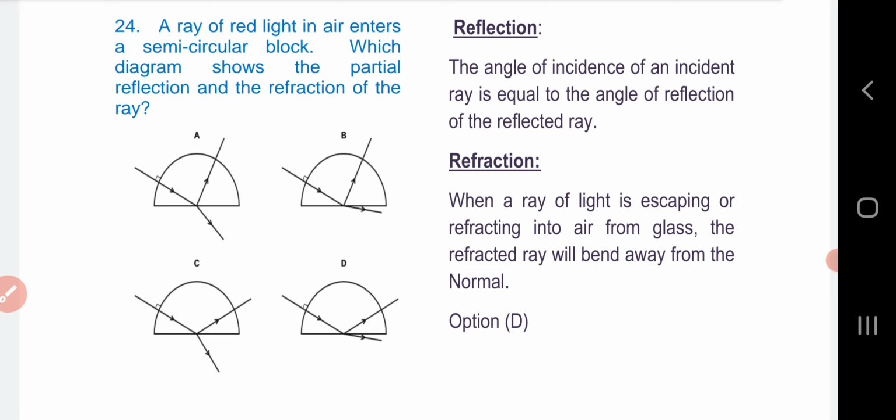The reason is, the refractive index of air is the least, and the speed of the ray of light will increase in the air, and that is why it bends away from the normal. So option D. In option D, the angle of incidence is equal to the angle of reflection, and the refracted ray is making a bigger angle than the angle of incidence. So the answer is option D.